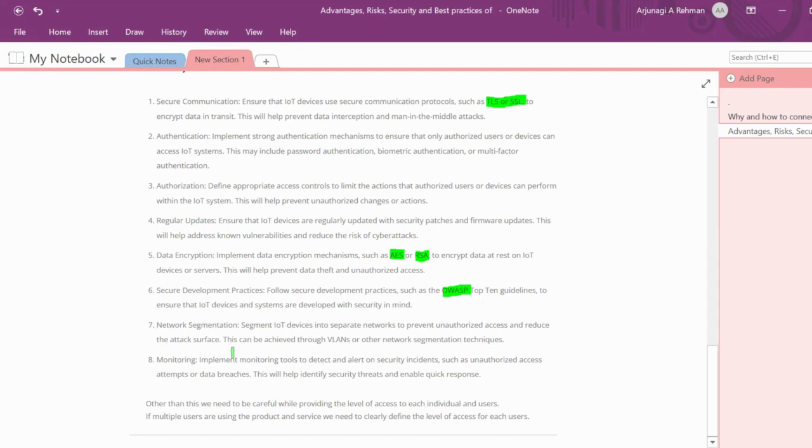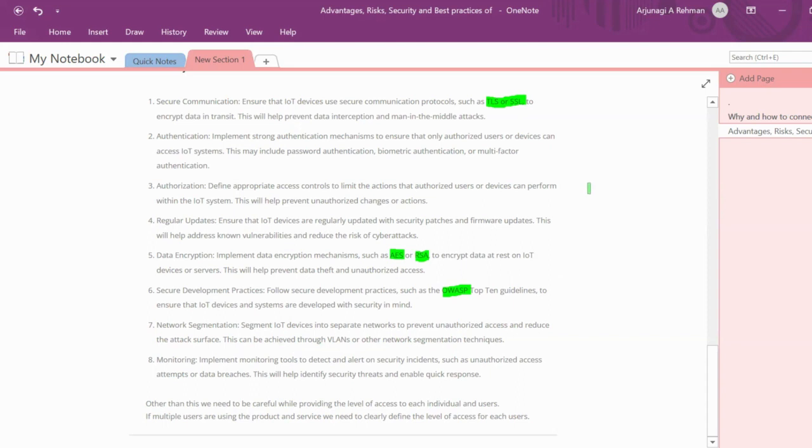Seventh point is network segmentation. Segment IoT devices in separate networks to prevent unauthorized access and reduce the attack surface. This can be achieved through VLAN or other network segmentation techniques.